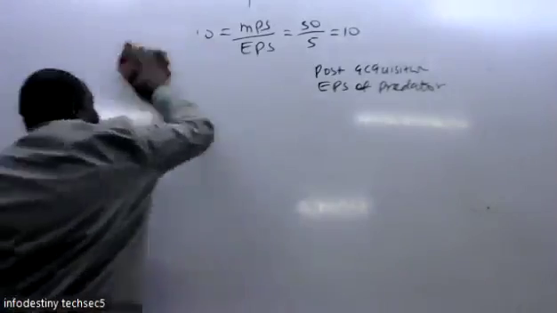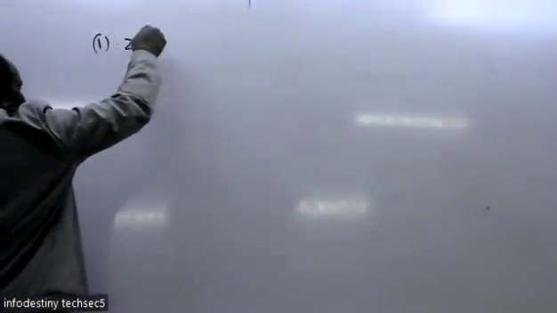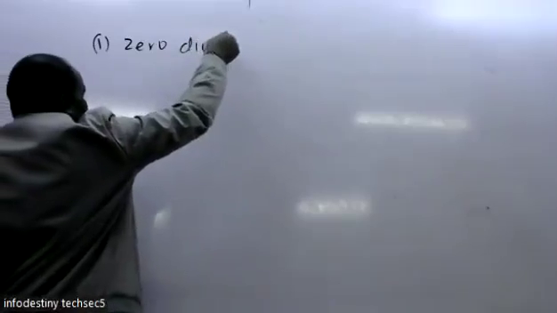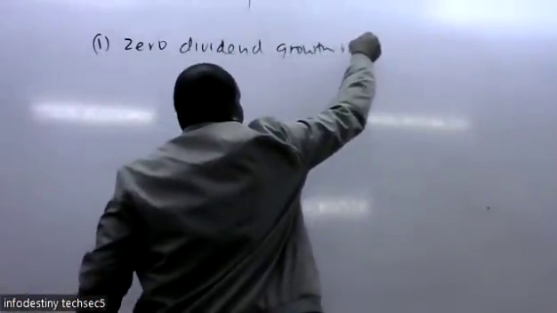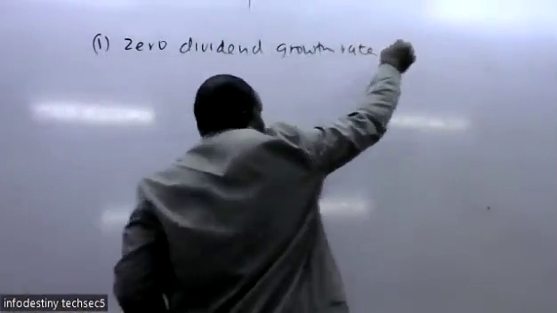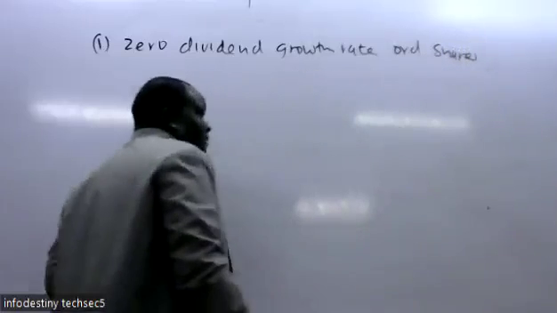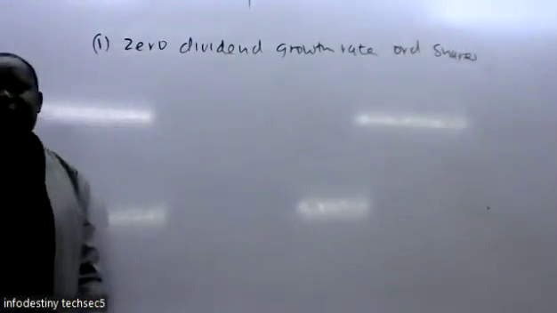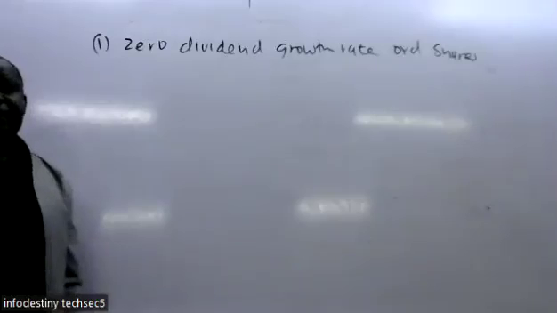of capital. We saw how to get the cost of the ordinary share. So we are simply going back. So the first one will be zero dividend growth rate ordinary shares.